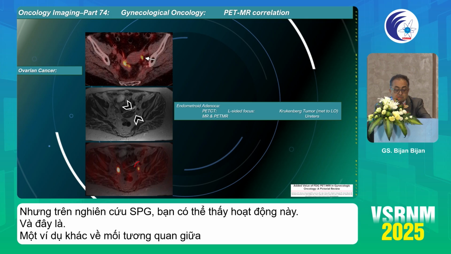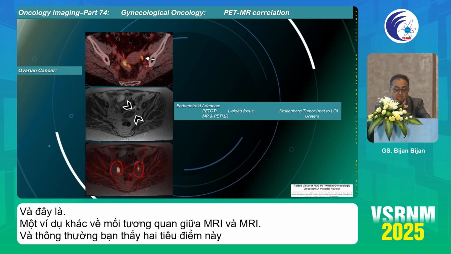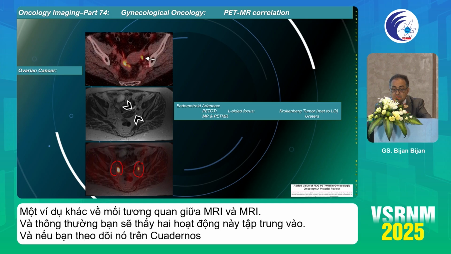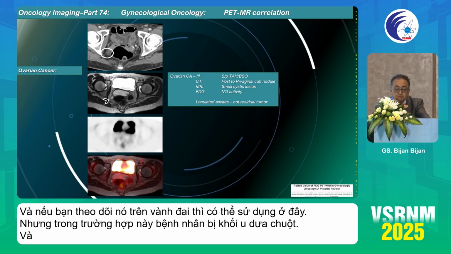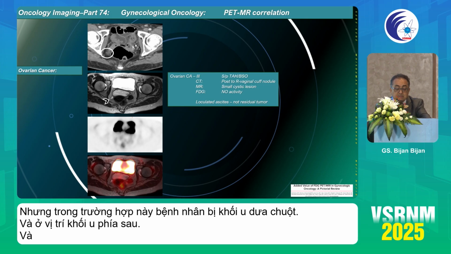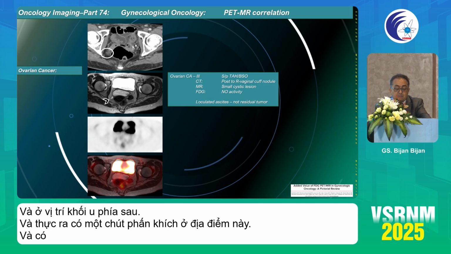Usually, you see these two foci of activity, and if you follow it on the coronal, that can be ureter, but in this case, the patient has a Krukenberg tumor in the posterior cul-de-sac. And this one actually has a loculated ascites in this location. On the MR, it's very difficult to make that diagnosis.